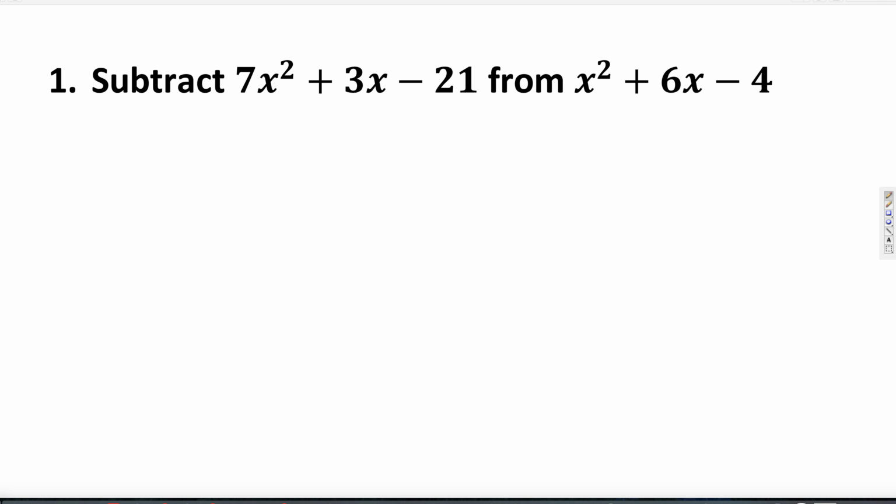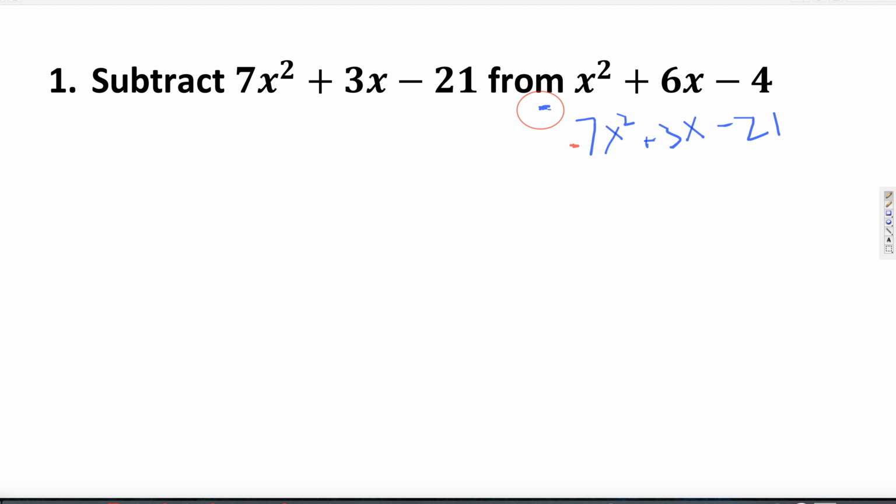So once they know that, then they could set it over here. So they have minus, right? Minus, that's a key minus. 7x squared plus 3x minus 21. And then they need to know to distribute that minus sign. That's important. Some people will teach it to do it each step. I say just distribute it up front.